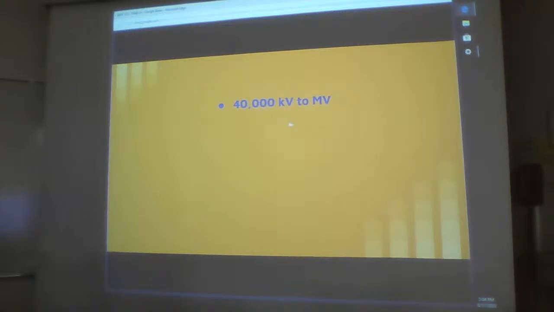So kilovolts would be 10 to the power of 1. I'm sorry, kilovolts is 10 to the power of 3. Megavolts is 10 to the power of 6. So if we take the difference of those exponentials, we have 10 to the power of 3. So what we're going to do is move this decimal point 3 places to the left, which would give us 40 megavolts.